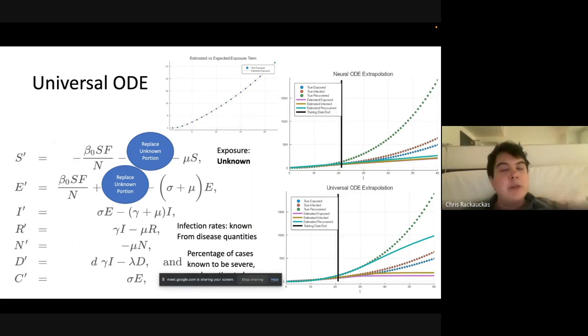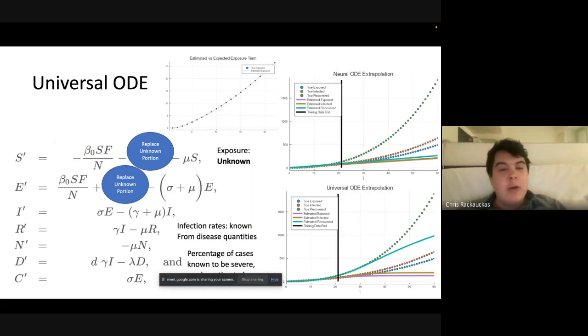Now, all these things show up as parameter values in here, but we don't necessarily need to learn them from the time series because there's other information out there that can motivate a lot of these values, right? And when you do the modeling process, this is how you come up with a lot of values. You go check the statistics. You see, for example, mu is motivated as the percentage of individuals who recover without ever going to the hospital.